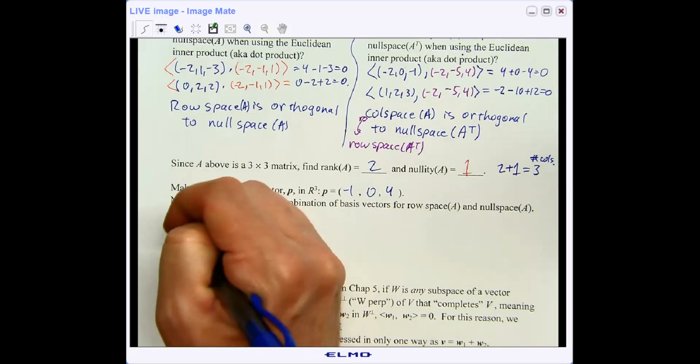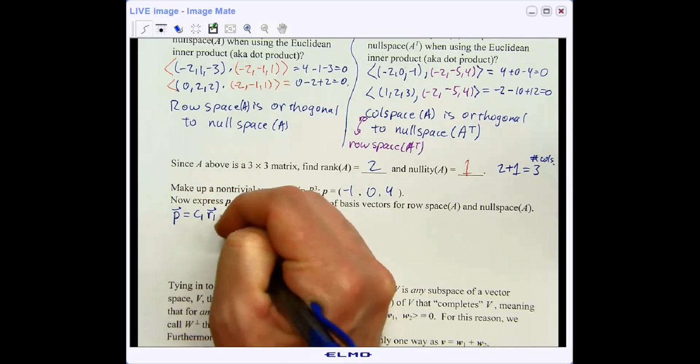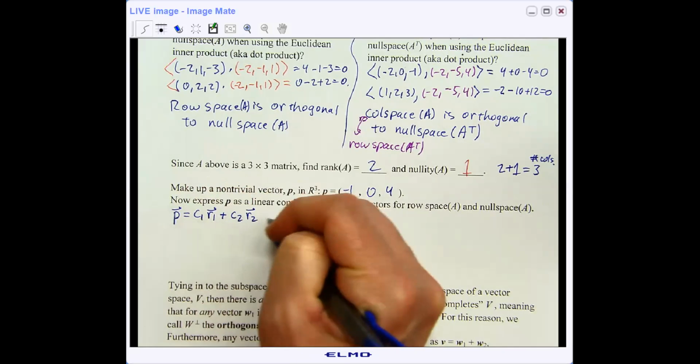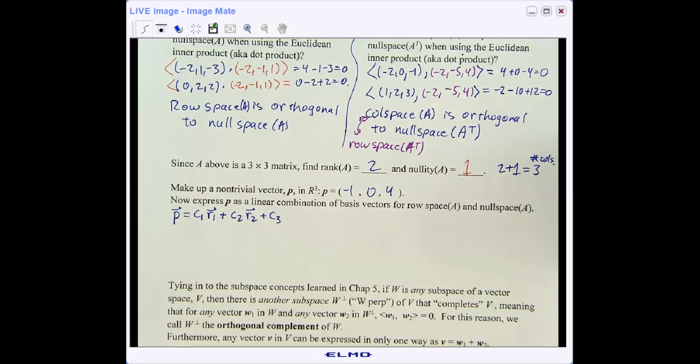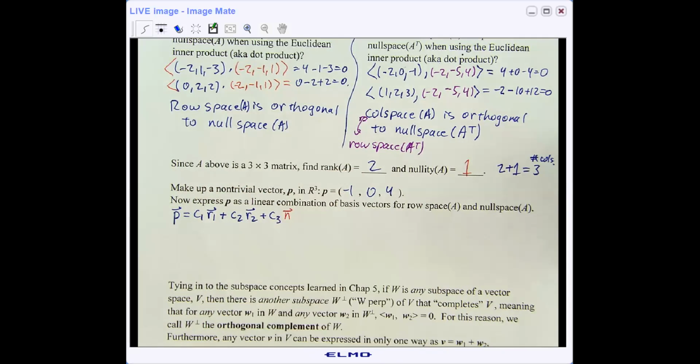So I'm trying to say that P is some constant multiple of the first row space vector plus some other constant multiple of the second row space vector plus some constant multiple of the null space vector, which, the null space of the original matrix, I did in red.